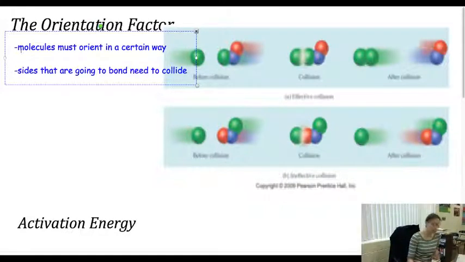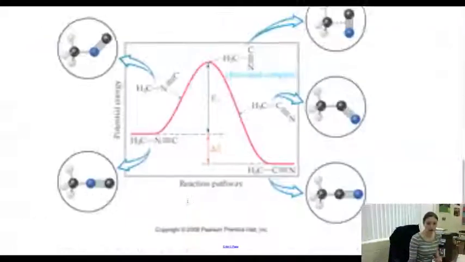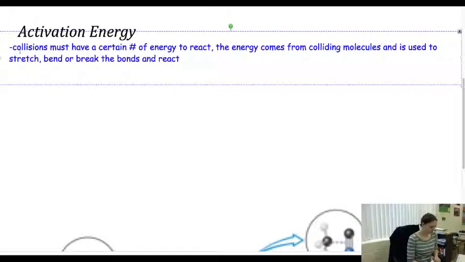Okay, and that has to do with our next thing, which is our activation energy. Activation energy deals with how much energy it actually takes to get the reaction to occur. Like I just said a second ago, the collisions have to actually have a certain amount of energy to react. And the energy comes from the colliding molecules, and it's used to then stretch the bonds, break the bonds, and then actually make my reaction happen.